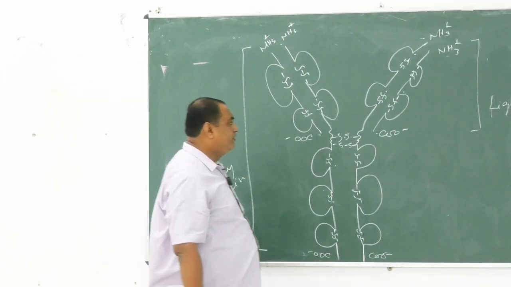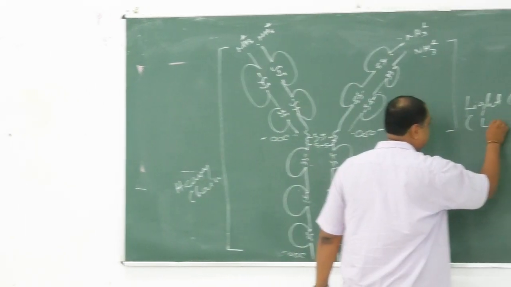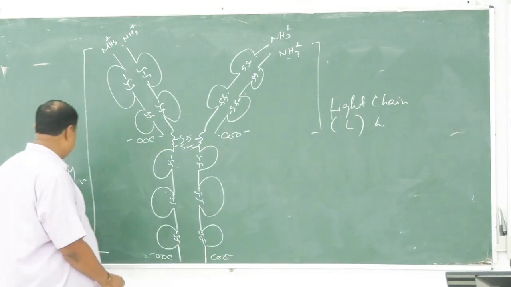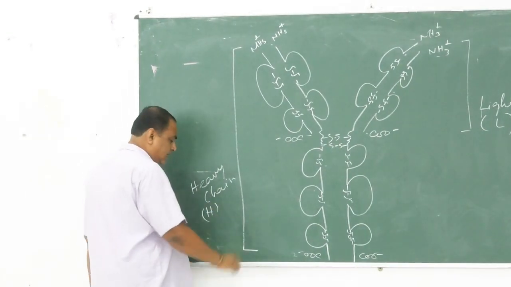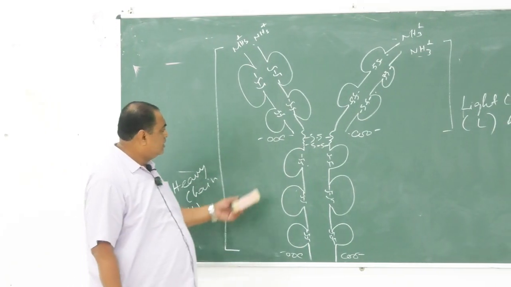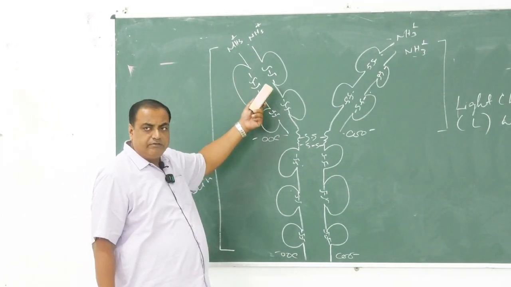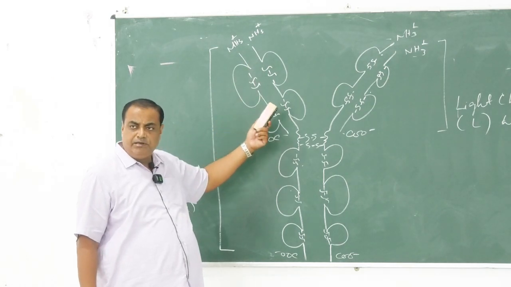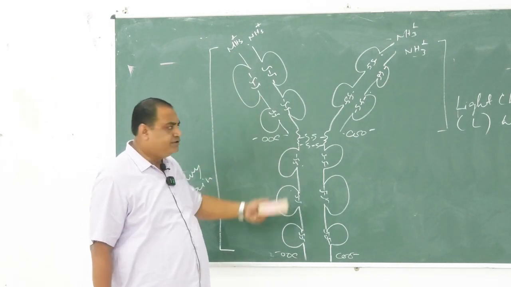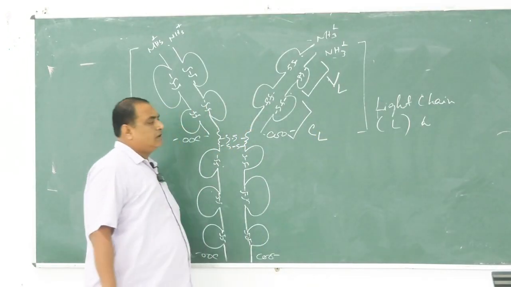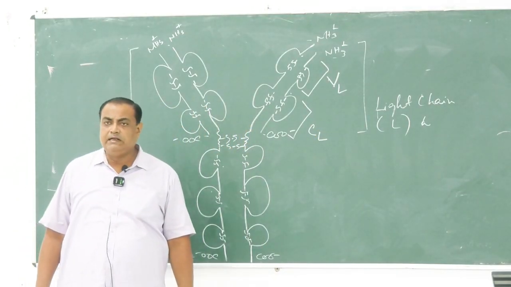Light chains are often termed L chains. Heavy chains are often termed H chains. Now the first 50% from the N terminus of the light chain is VL, and the rest half is CL.